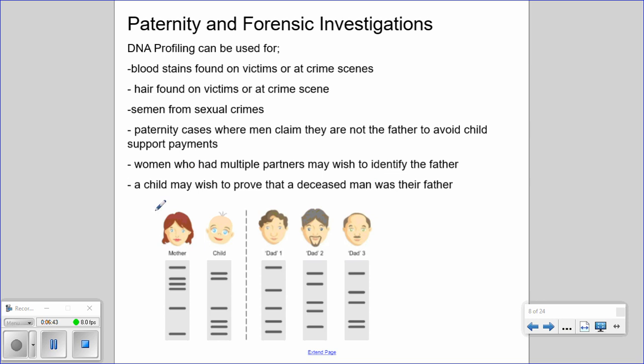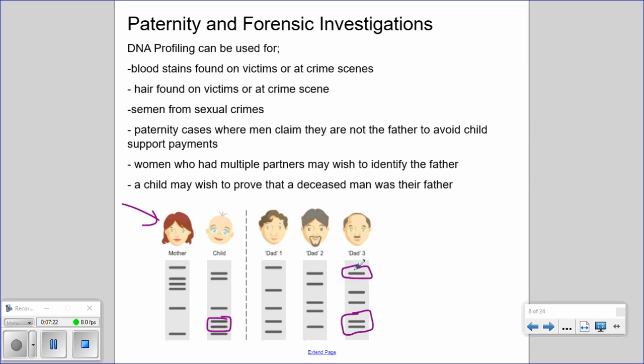In this case, looking at this particular DNA profile, we have a mother who has had a child, and there are 3 potential fathers of this child. In comparing the DNA from the child and the banding pattern produced by gel electrophoresis to the potential fathers, dad number 3 has these 2 small fragments of DNA, which are also found in the banding pattern of the child.